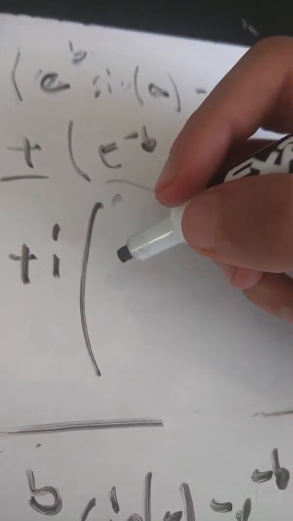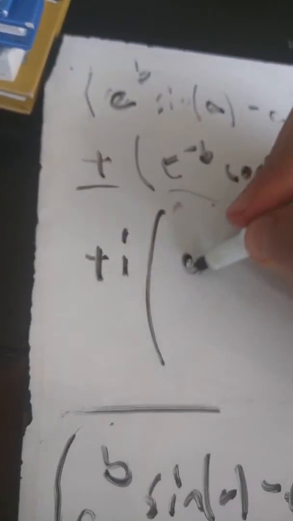So we have e to the b sine A minus e to the negative b sine A times, rearranged, e to the b sine A plus e to the negative b sine A.